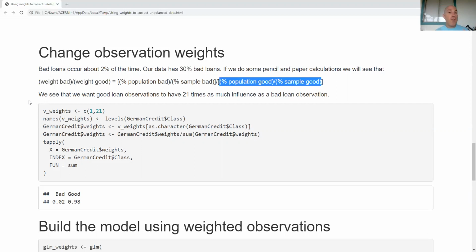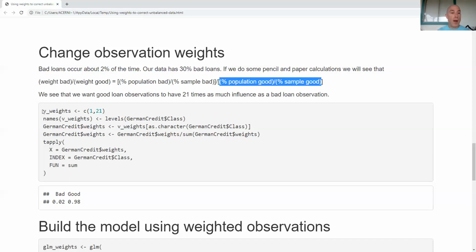Here, I have 70% good, but that's not big enough. I need 98% good. So to get this to where I need it to be, it needs to be 21 times as much influence as a bad loan observation.